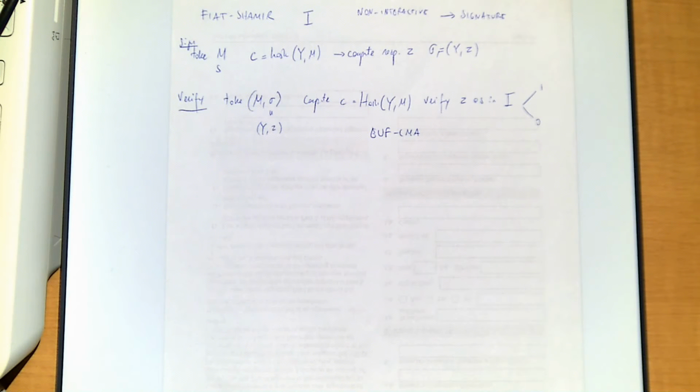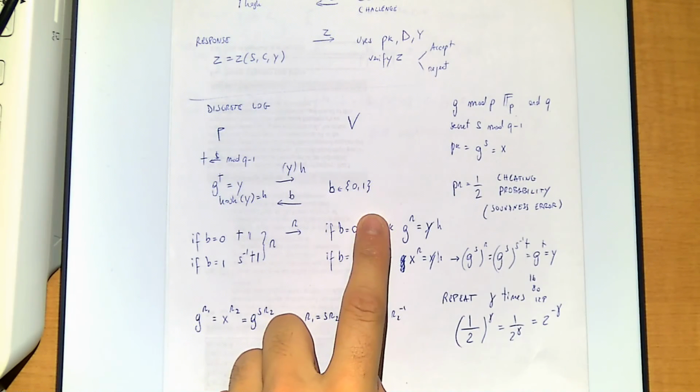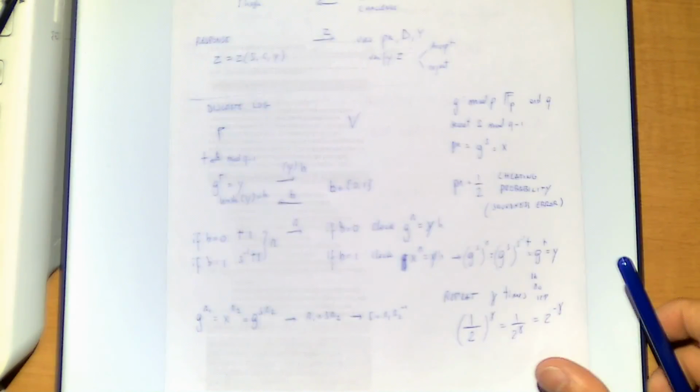So the soundness error is a bit of an annoying problem because you have to repeat the protocol several times, and the signature will end up being very long. It's not necessarily slow, as in other instances that we saw, for example the CFS scheme, but it will get long signatures. Okay, so here is an example. This is an important paradigm to keep in mind with discrete logarithms, and then we can see that we can do better as well.